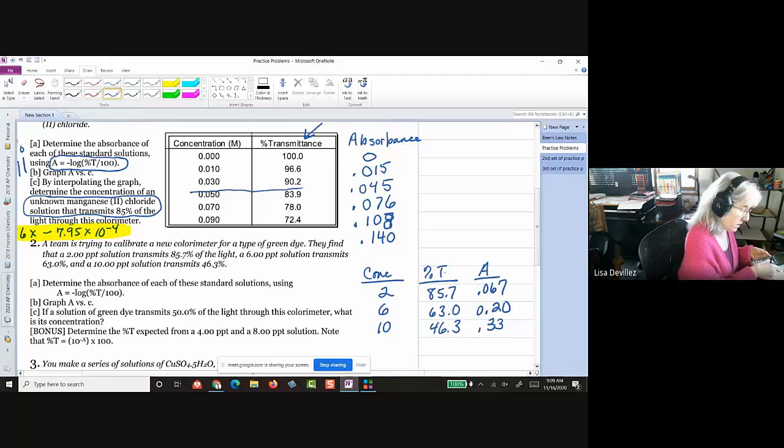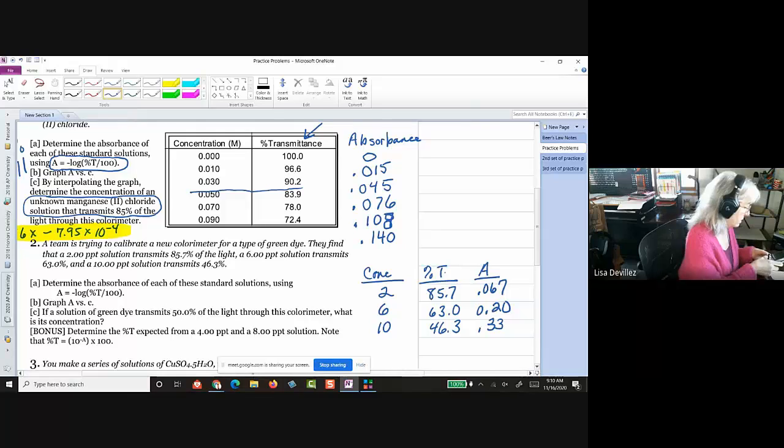L1 is going to be 2, 6, 10. And this is 0.067, 0.2, 0.33.